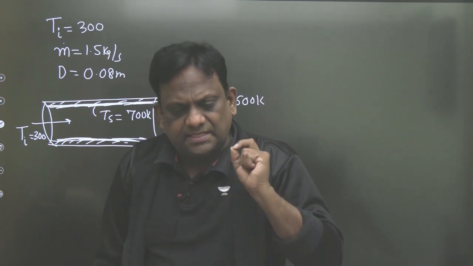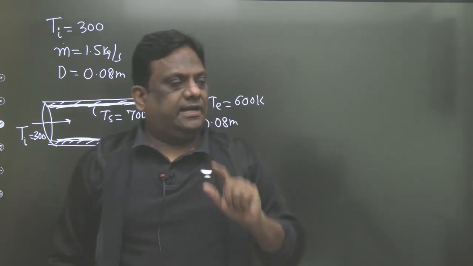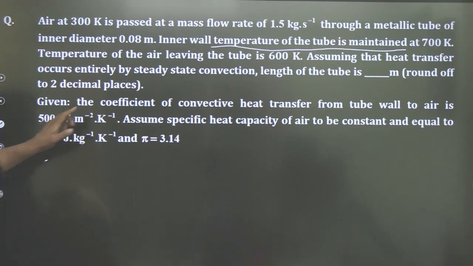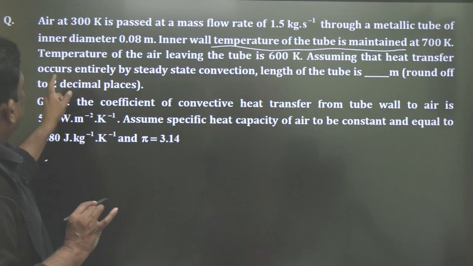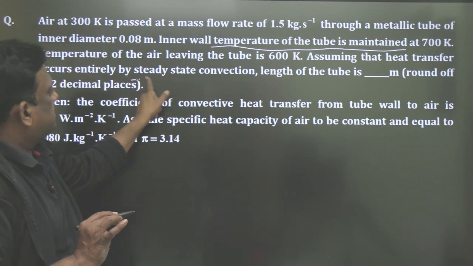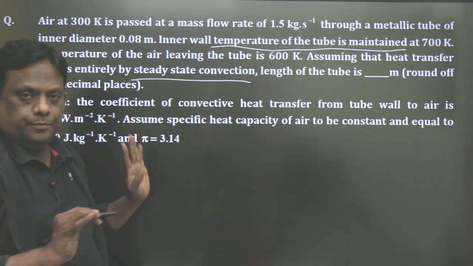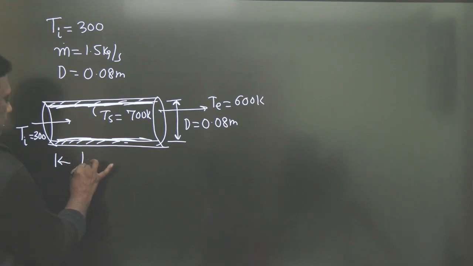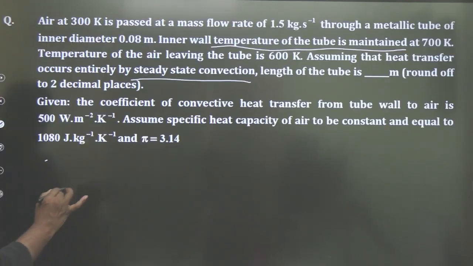In this case, the surface temperature is maintained constant, 700 Kelvin. Any other data given? Assuming that heat transfer occurs entirely by steady state convection, he is asking what is the length of the tube, and some other data is also given.